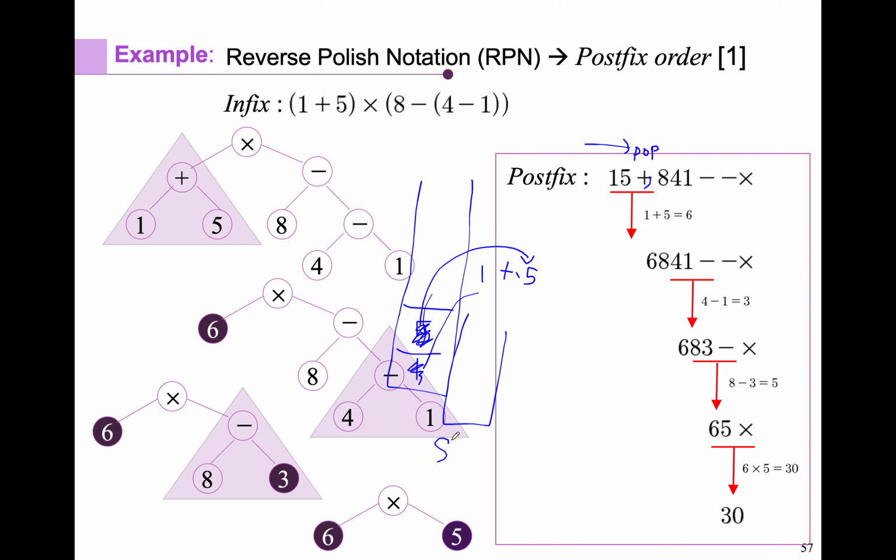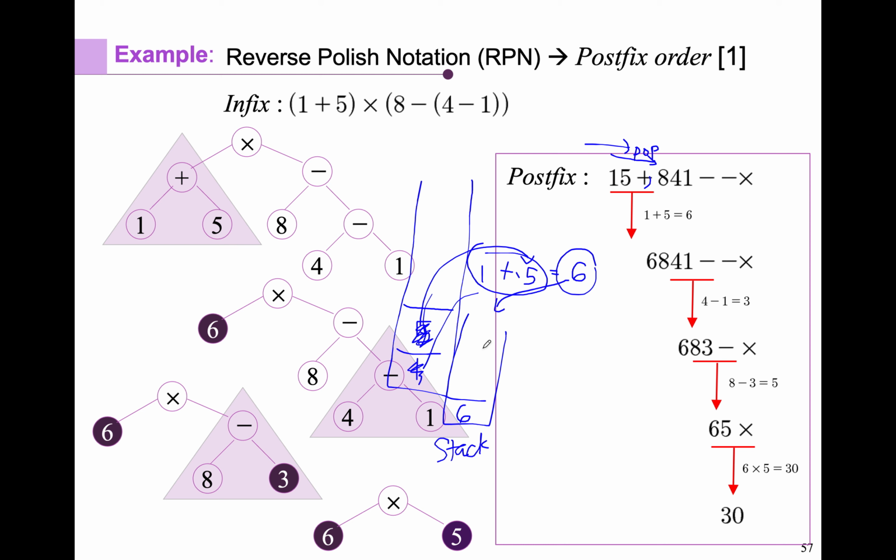Now your new stack is empty. You will do this operation first. You will get 6. This value you will push. Before you continue, you're going to push the 6 first into your stack. And then you continue to read your postfix equation.